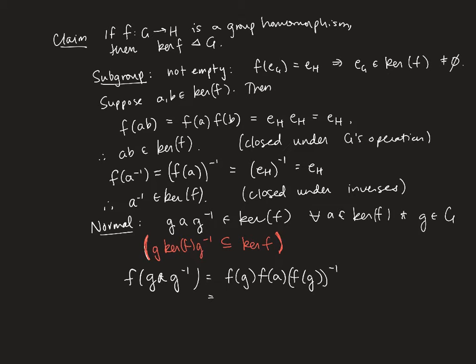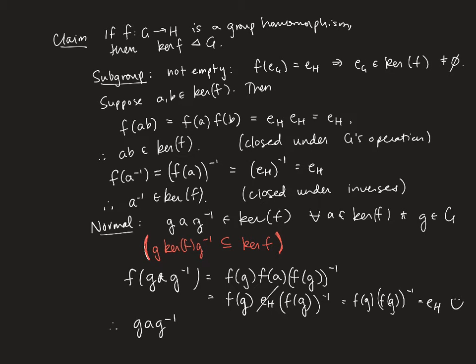And f of a is the identity because we were in the kernel. Now we've got f of g, identity, and then the inverse of f of g, and the identity in the middle cancels. So we end up with f of g and then its inverse in the group H. So we get the identity in H, which shows us that g a g inverse is an element of the kernel of f.